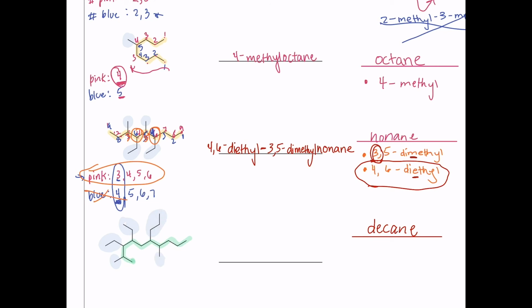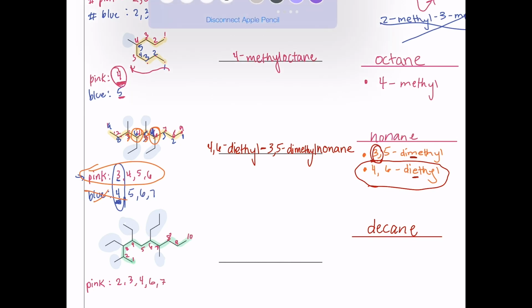All right, so now that I have 5, let's figure out which way we need to number this. So again, I'll choose pink versus blue. So I could do 1, 2, 3, 4, 5, 6, 7, 8, 9, 10. That would give me substituents at 2, 3, 4, 6, and 7.